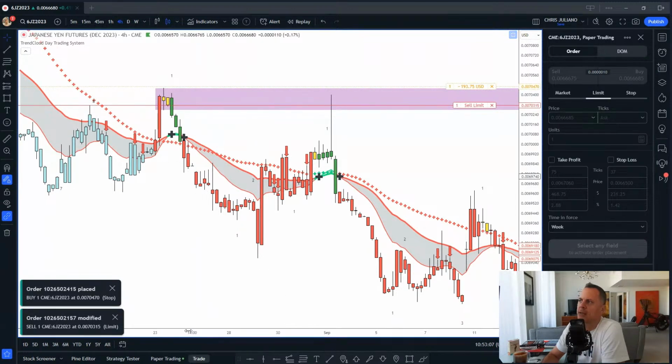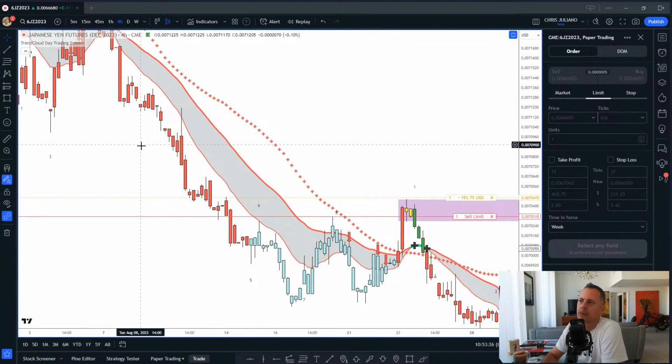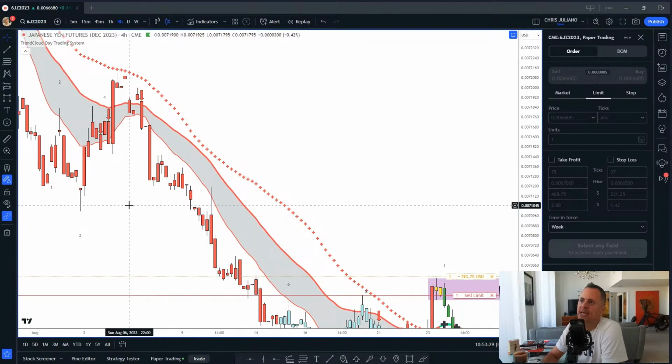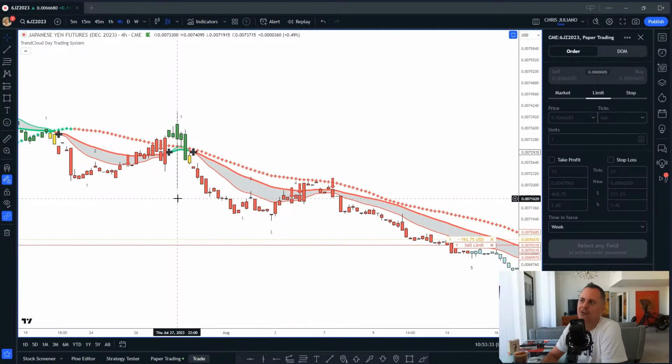Hey, less than 1% risk when we know it does crazy stuff like this. You could do that, or you can just wait for that to happen and then continue the downtrend. It pulls back into TrendCloud, rips down, right? Wait for the wonky candle. There it is. And then start looking for your supply zones to move down.